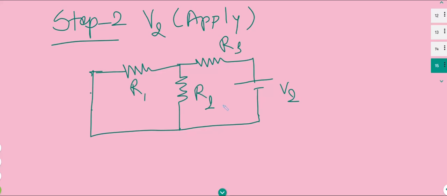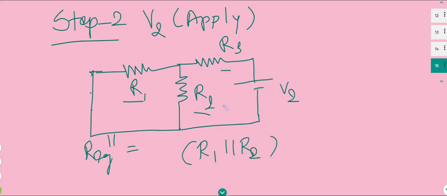Again in this case you will find R equivalent double dash. It will be R1 parallel with R2, in series with R3. So you will get R equivalent double dash. Now you want to find all the currents. Total current in this case is, suppose, I3 double dash.